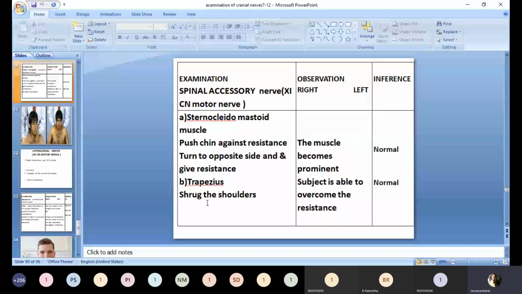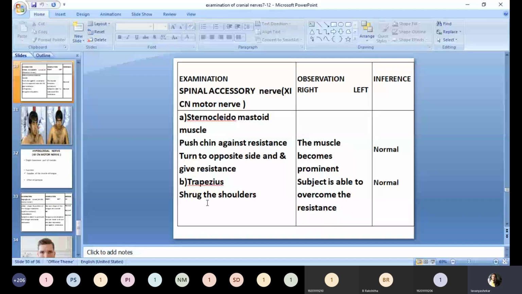For the trapezius muscle, first you have to look for whether there is any drooping of the shoulder to the affected side. You just go behind the subject, or even from the front you can observe whether there is any drooping of the shoulder to any one side.